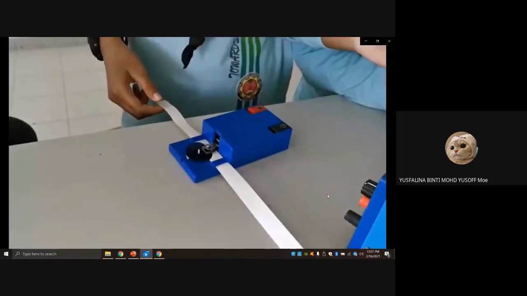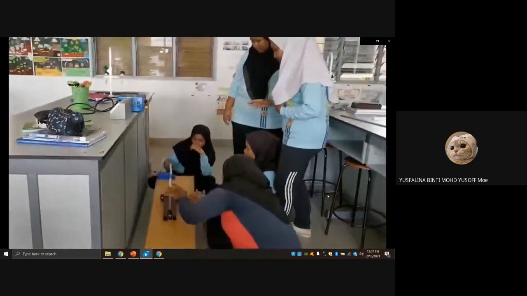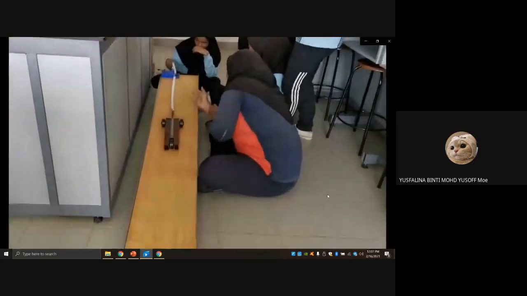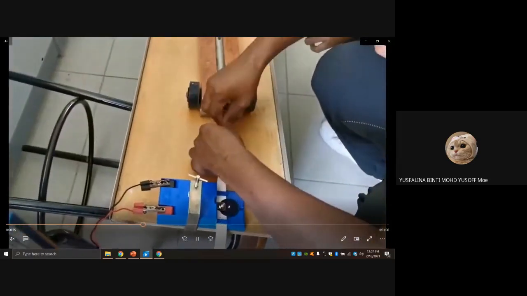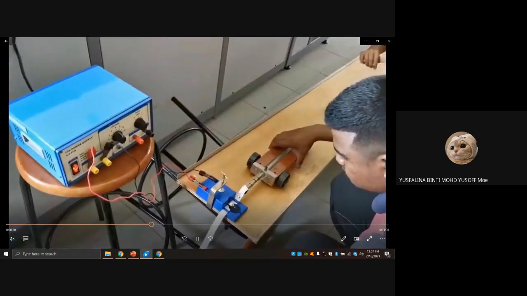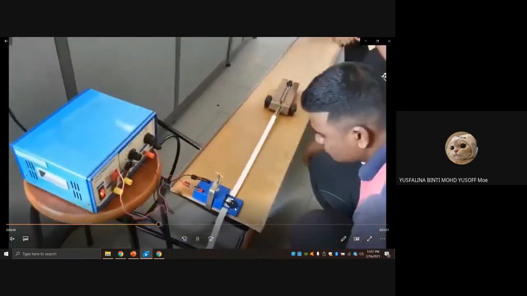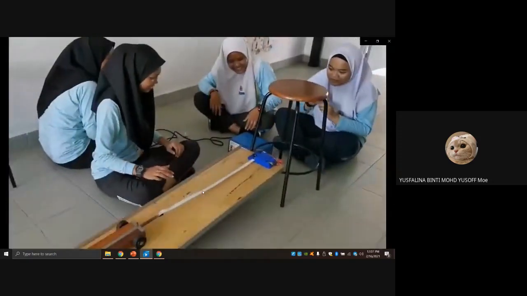You will do this experiment in the lab after the school opens. You put it on the trolley here, and then you let go of the trolley, and the ticker tape will move with the trolley. You can see a dot there that will be formed.